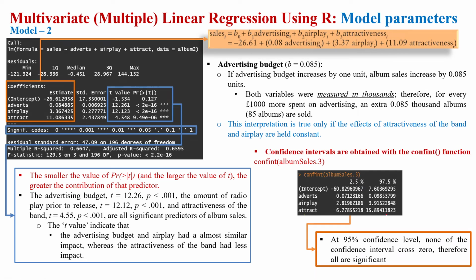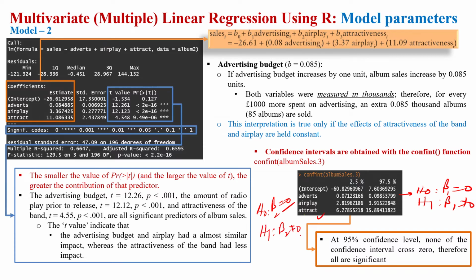If I am going to check whether the advertisement variable is significantly affecting the response variable or not, the h naught will be beta 1 is equal to 0, whereas the alternative would be beta 1 is not equal to 0. Similarly, for airplay, h naught will be beta 2 is equal to 0, whereas the alternative is beta 2 is not equal to 0.